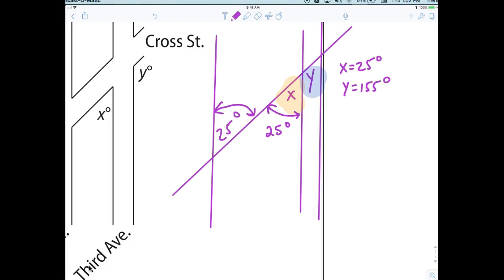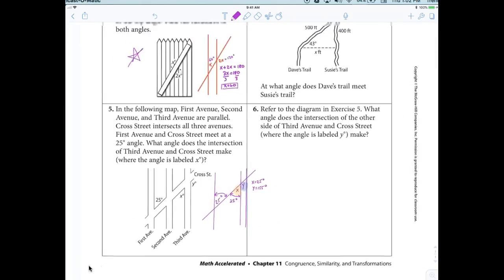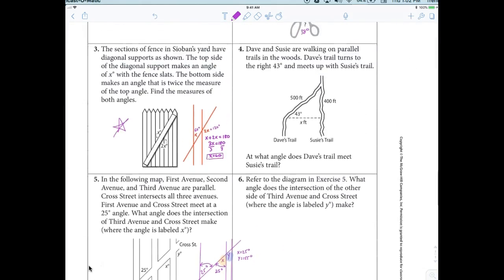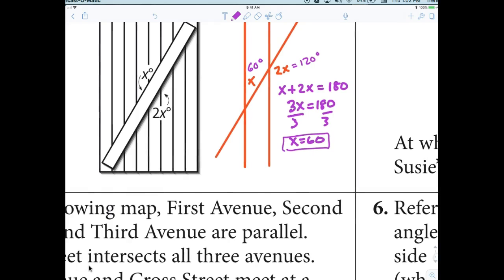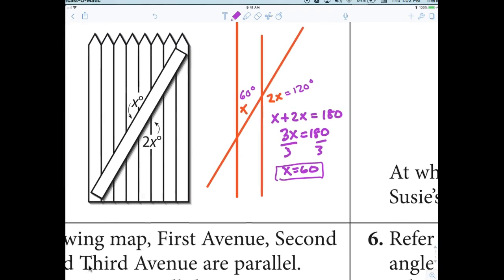All right. Yes, sir. I have a question on number 3. Okay, so number 3, I believe, is pretty much the same kind of thing. It's just very difficult to see because of the figure. I really don't like the figure at all. So what I did was I recreated the figure in red to the right, kind of what I just did there.